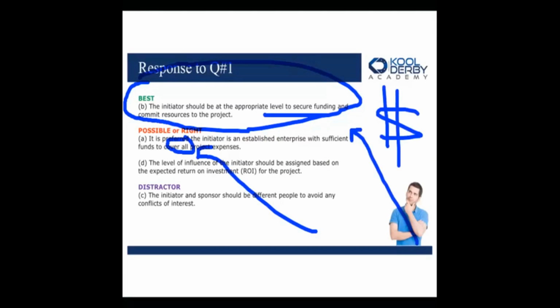Can they get the capital? Can they get the equipment? Can they get the technology? Based on the project needs. Okay, does that make sense? Easy or hard? That is correct, Jeff.